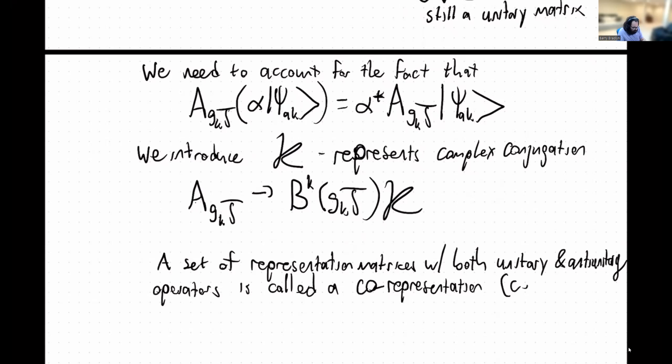And we'll sometimes abbreviate that co-rep. So when we're dealing with type 2, 3, and 4 magnetic groups, or Shubnikov space groups, when we talk about the representations of their little groups, we really need to be looking at co-representations and irreducible co-representations.